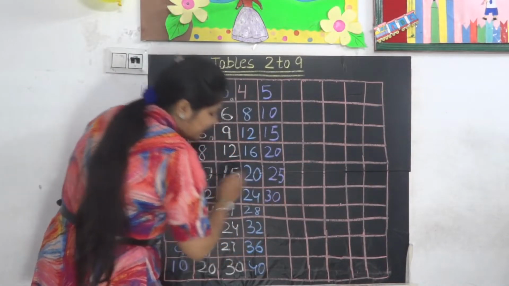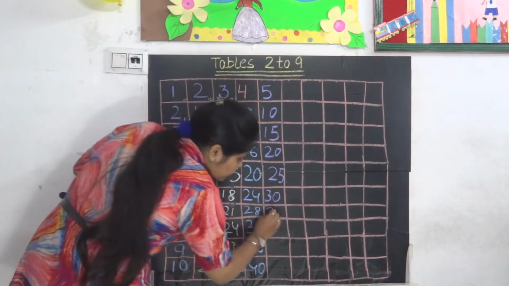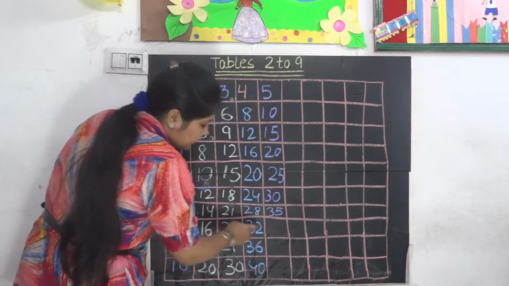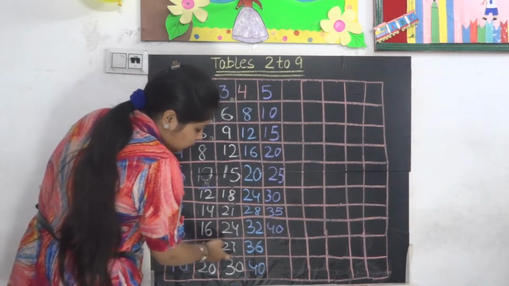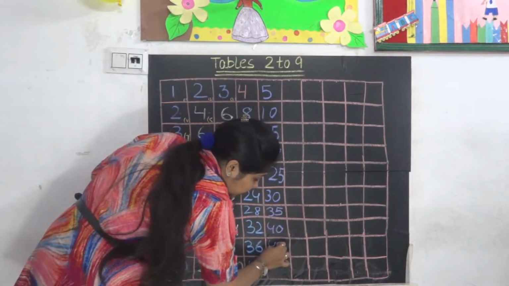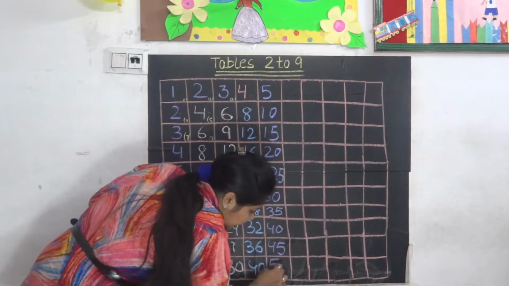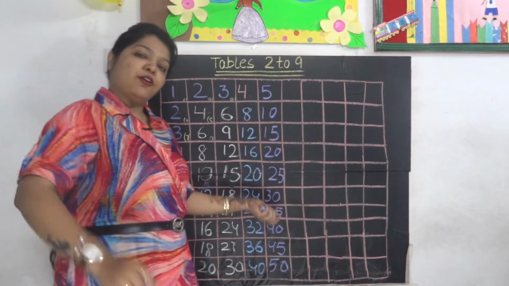Very good. 30, 31, 32, 33, 34, 35, 36, 37, 38, 39, 40, 41, 42, 43, 44, 45, then 46, 47, 48, 49, last is 50. So easily we have made the table of 5 also.